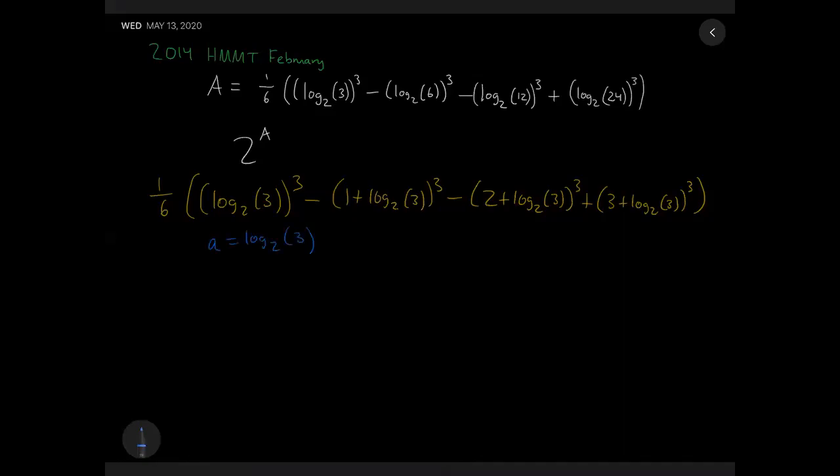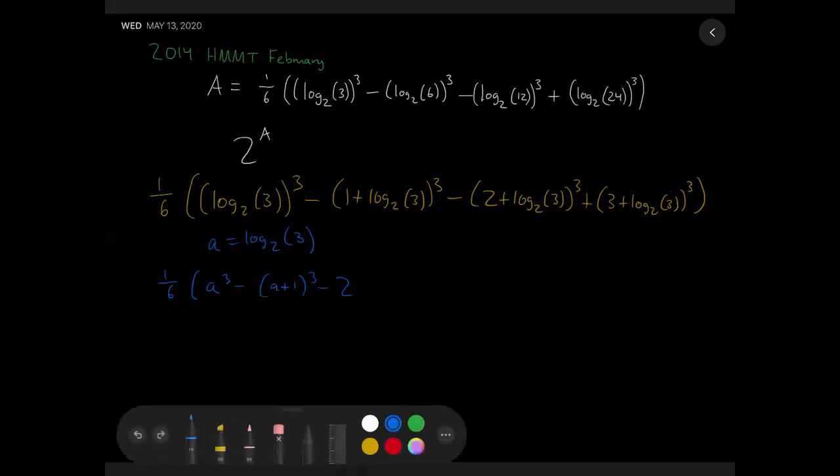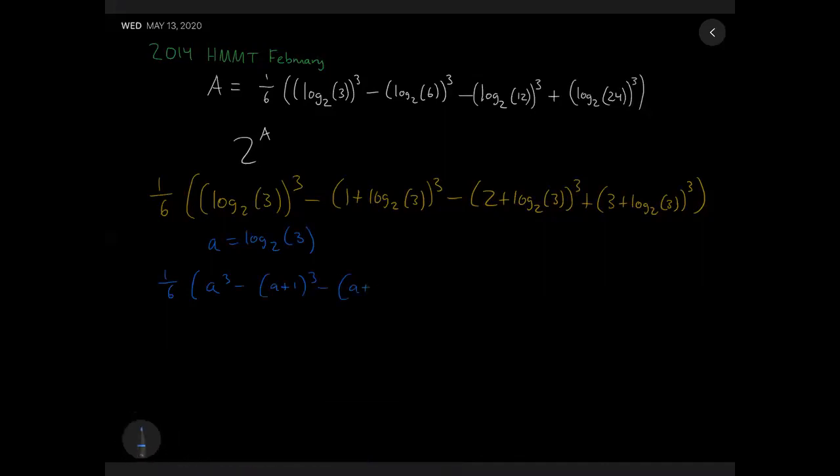So now we can replace a lot of things. 1/6, and look how much this simplifies: a cubed minus a plus 1 cubed minus a plus 2 cubed plus a plus 3 cubed. You can see the blue, right?